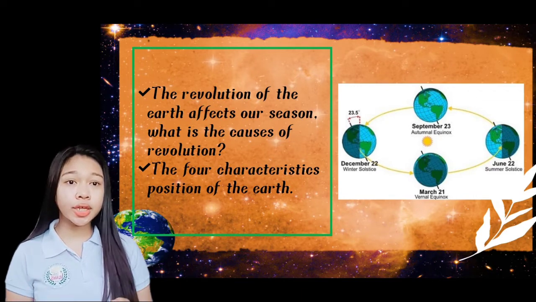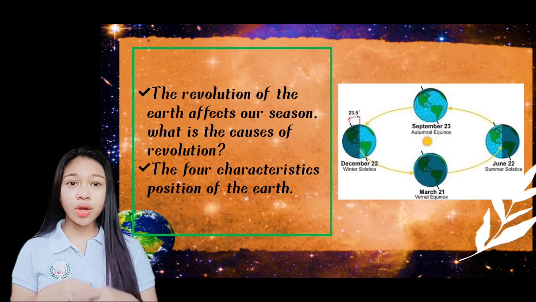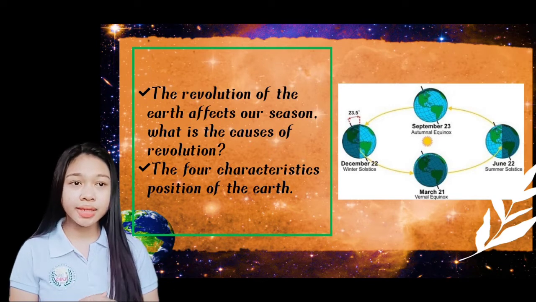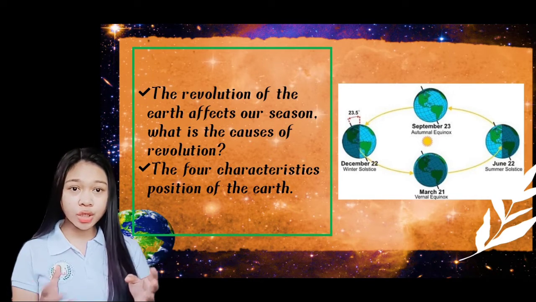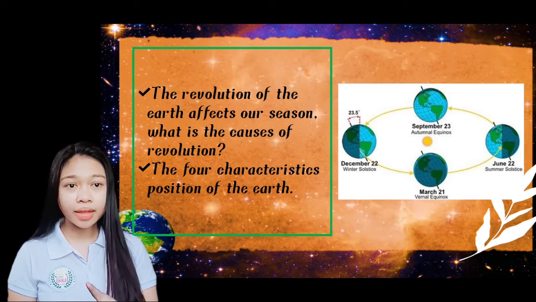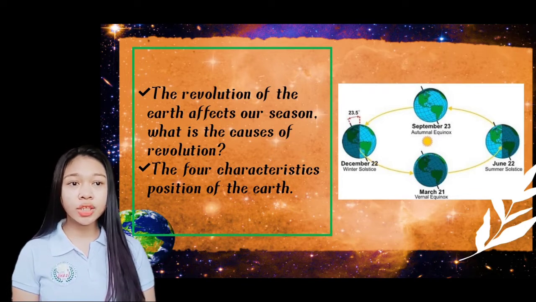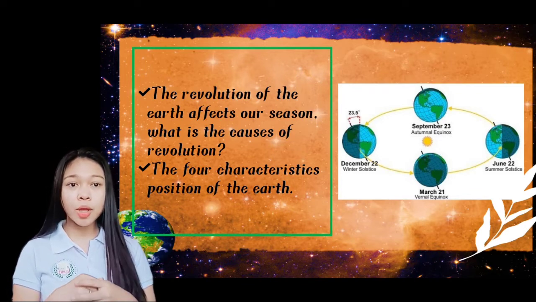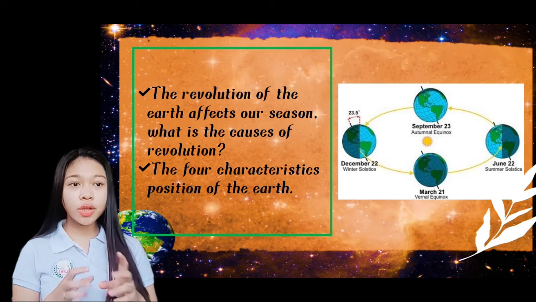And these seasons occur as the Earth's orbit around the Sun changes, and because of its rotation and tilt, the Earth's position changes around the Sun, and different regions of the Earth receive the Sun's most direct rays throughout the year.